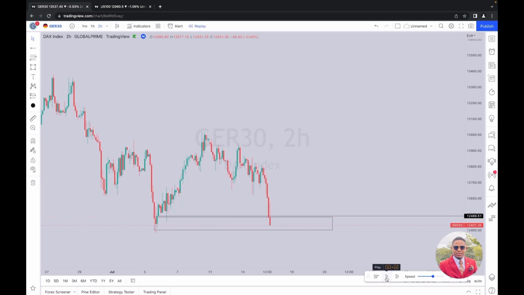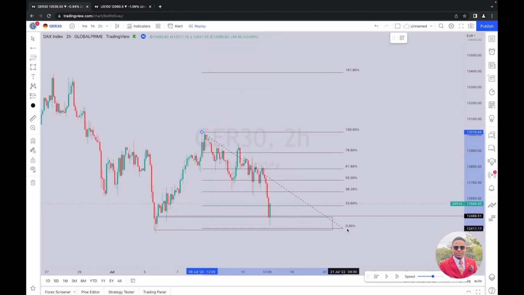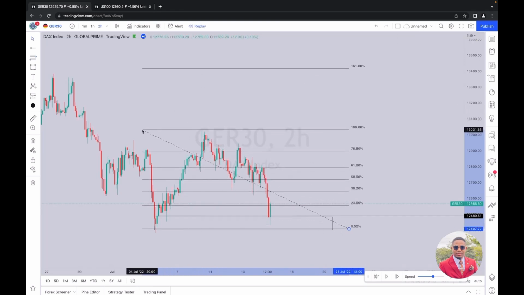When it is hit like this and you're in profit, you are going to get an indicator known as fib. You put the 0 on the starting move, then you put the 100 where price was.